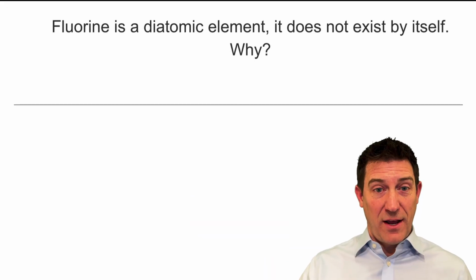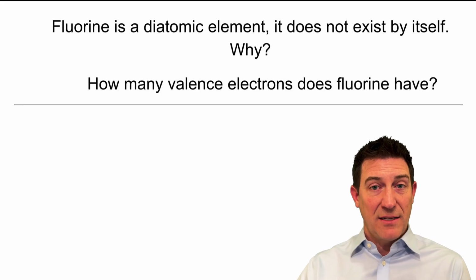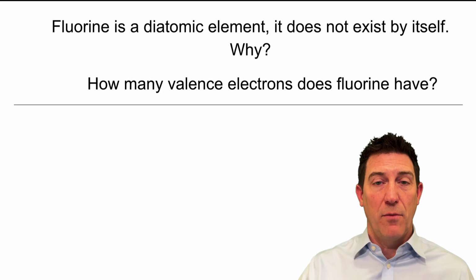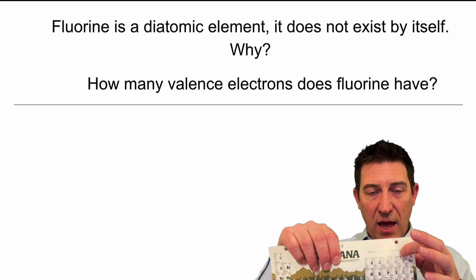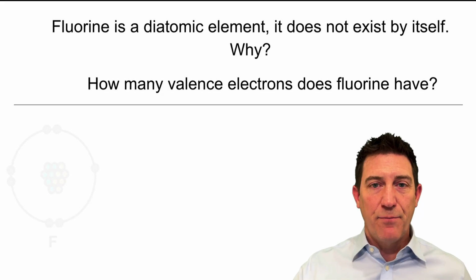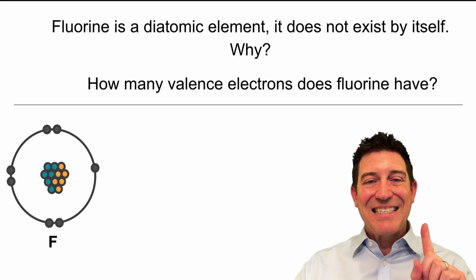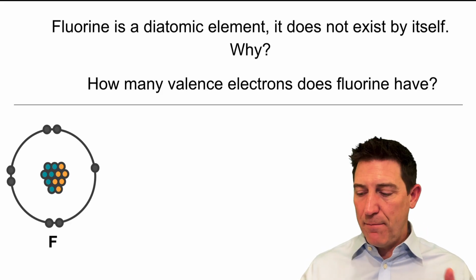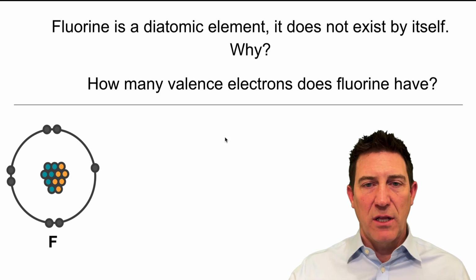There are others that are diatomic, and it's really, really important. I want to look at fluorine because that's one of our other diatomics that we're going to need to memorize. If I go find fluorine on my periodic table, I can see that it's in group 7A. It's in group 7A, it has 7 valence electrons. Well, that's not happy. It's not filled up because, well, look, it doesn't have all the electrons it would like to have inside.